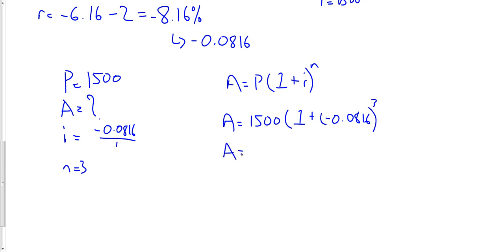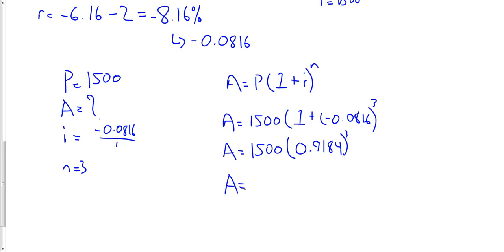We can simplify that because when you add a negative number, we'll do 1 plus negative 0.0816. That's going to give you 0.9184 raised to the exponent 3.